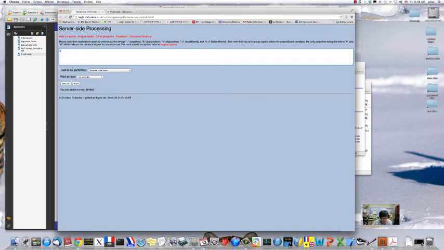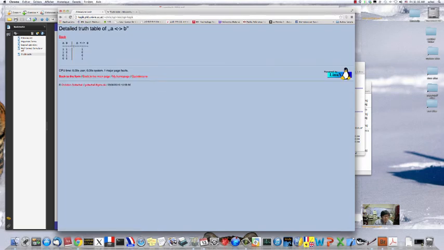A, B. So A if and only if B: if both are true, then it's true, and if both are false, it is true. But if one of them is true and the other false, then these are not true.